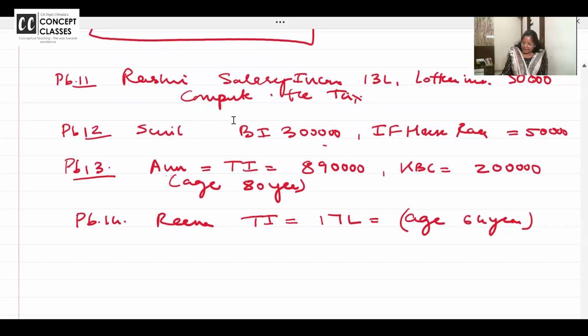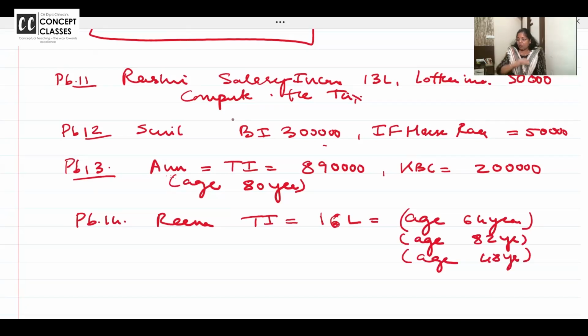Okay, we will do one thing. इसको 17 नहीं, इसको 16 लाख करो और इसको हर एज में करो. Age is 64 years, age is 82 years and age is 48 years. One same problem you do by all.